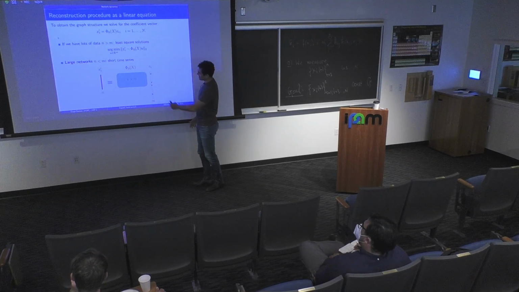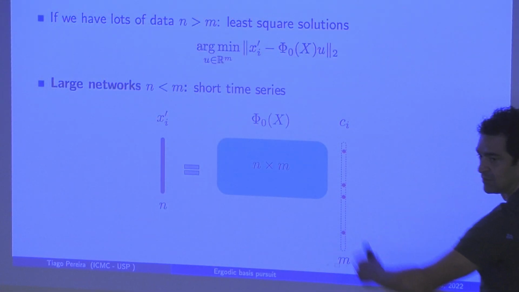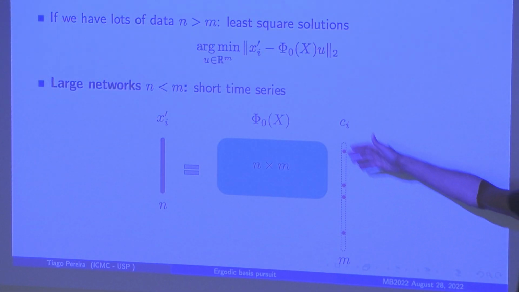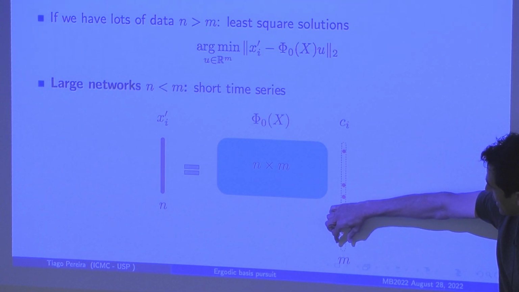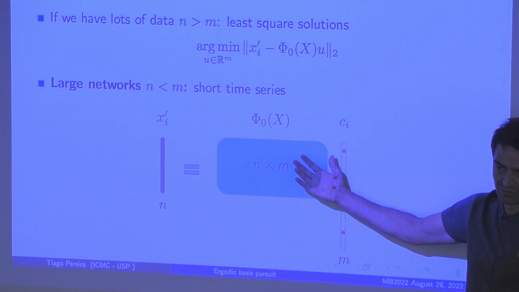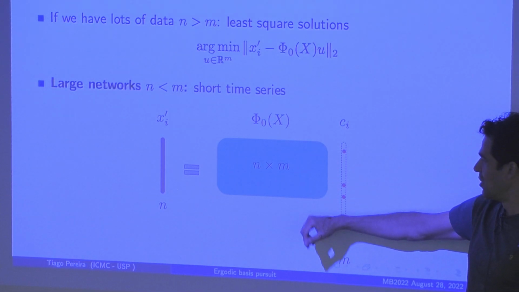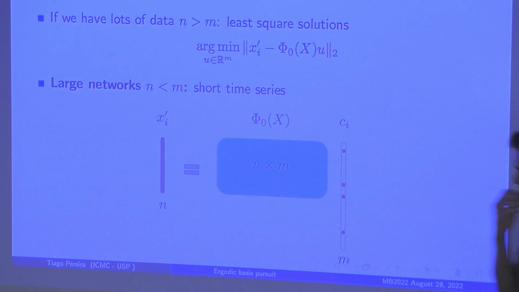In this case, this operator here becomes a short fat matrix. And this vector c is actually huge. There are two options: either this system has no solution whatsoever, or if it has a solution, it has infinitely many solutions. So how to pick up c?